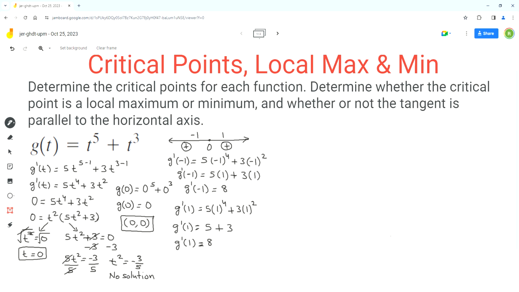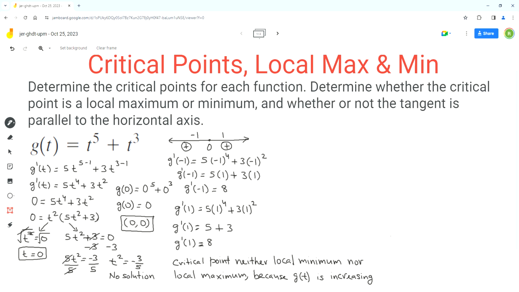So we can write our conclusion. So critical point neither local minimum nor local maximum, because function g at t is increasing on both sides of critical point.